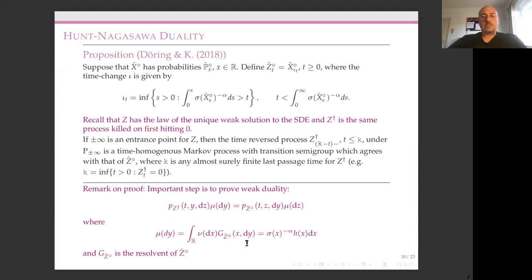And the reference measure is a little bit complicated. It's built up from the starting measure of Z circle hat and its resolvent, which actually turns out to be this rather cute measure here. Okay, so keep that in mind.